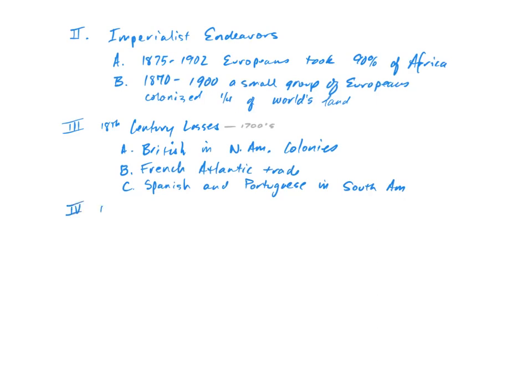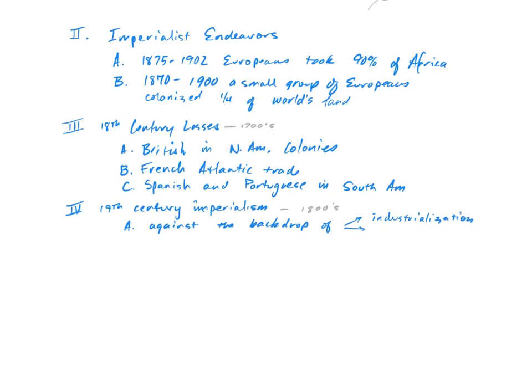Part 4, 19th century imperialism. This appeared A, against the backdrop of industrialization, liberal revolutions, and the rise of nation states.